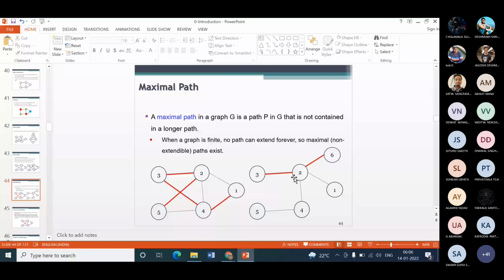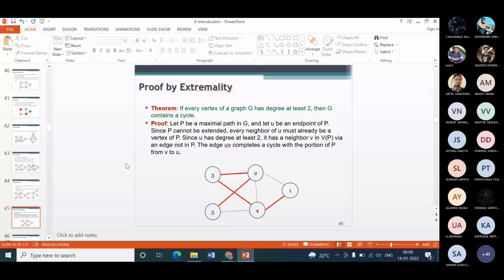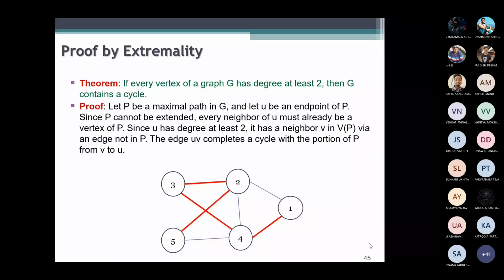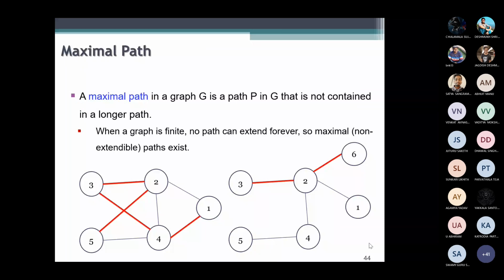Okay. Now we learn another type of proof technique, which is called proof by extremality. Okay. The problem is as follows. Sir? Yeah. So by longer path, you mean the one which covers all vertices? No. Longer path. Like I am telling you, 3 to 4 is a path, but this is not a maximal path, because 3 to 4 5 is a path that contains the path 3 to 4.